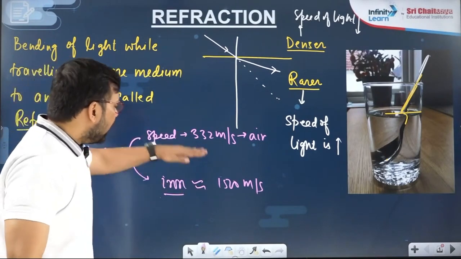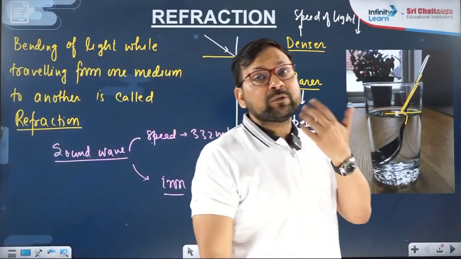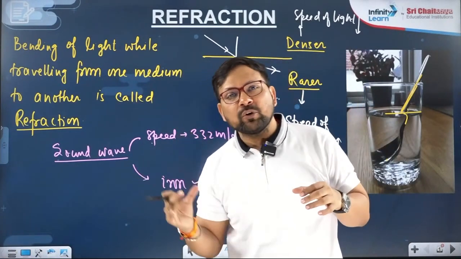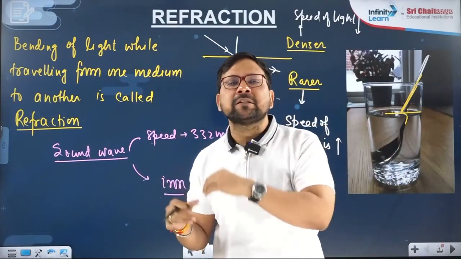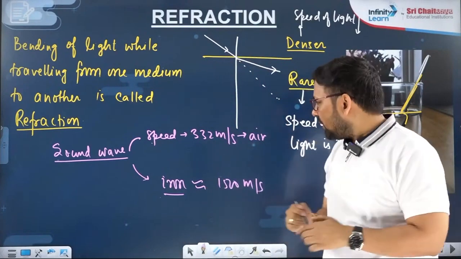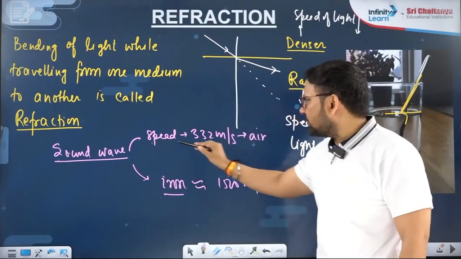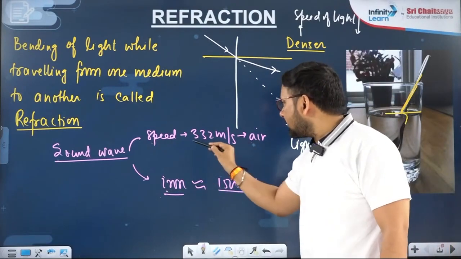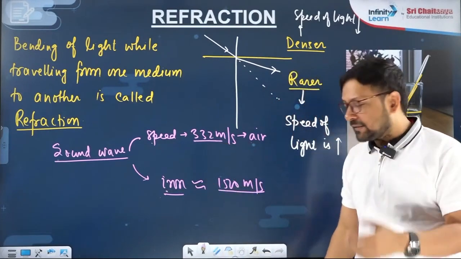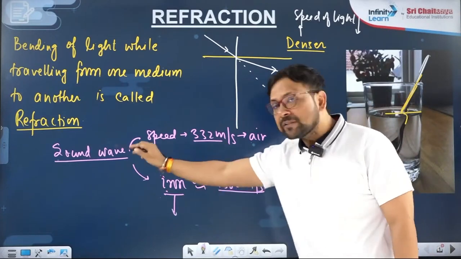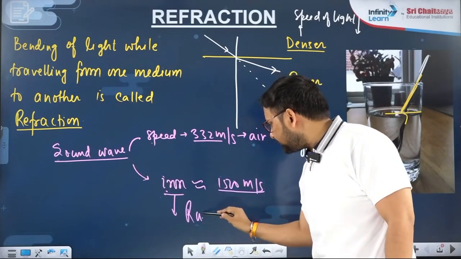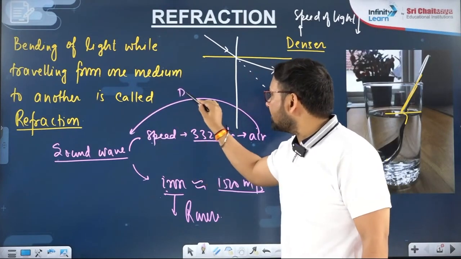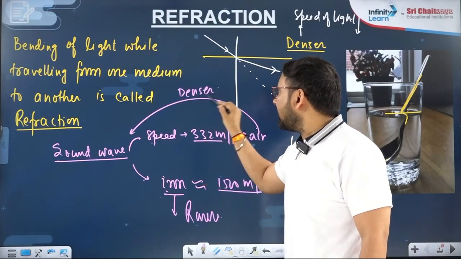Where is the speed more? For sound wave, when we speak, in very childhood you have studied that on a railway track, when we put our ear, from a large distance the train sound is coming, that is the metal there. In which medium is higher speed there? For sound wave, iron has 1500, air has 332, obviously 1500 is greater. So iron for sound wave will be rare medium, and air for this sound wave will be denser medium, right?